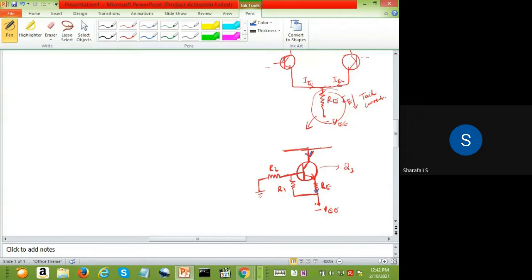This is also your current. Current in here will be I3, IE. This IE, the emitter current of the third transistor, IE3. Okay, the current which is flowing through the emitter of the third transistor.